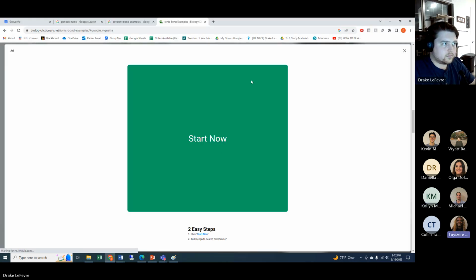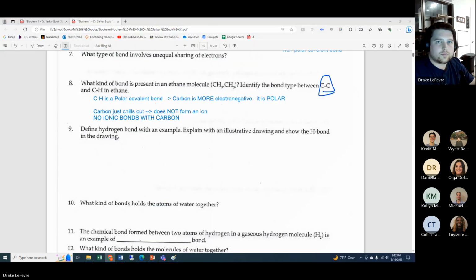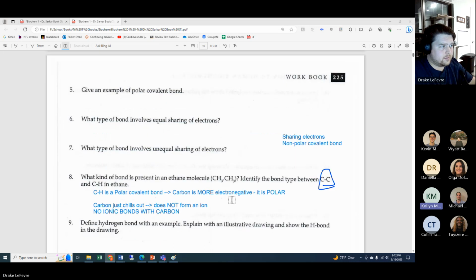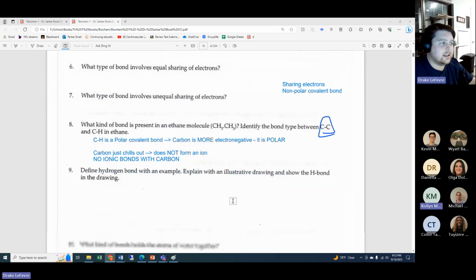So do we always want to distinguish whether it's ionic or covalent first before going to polar and non-polar? Yes, definitely. So if we talk about ionic bonds themselves, can they be non-polar? No, I don't think so. Exactly.